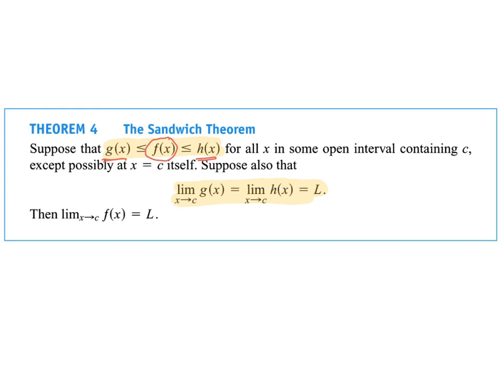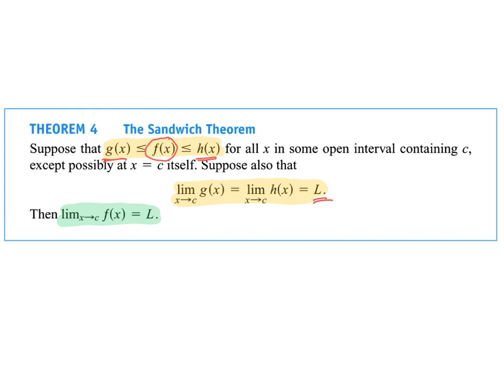They equal this number L. And if you meet both requirements of the hypothesis, then you can say that the limit as x approaches c of f of x is also L. And that's what we're going to do.